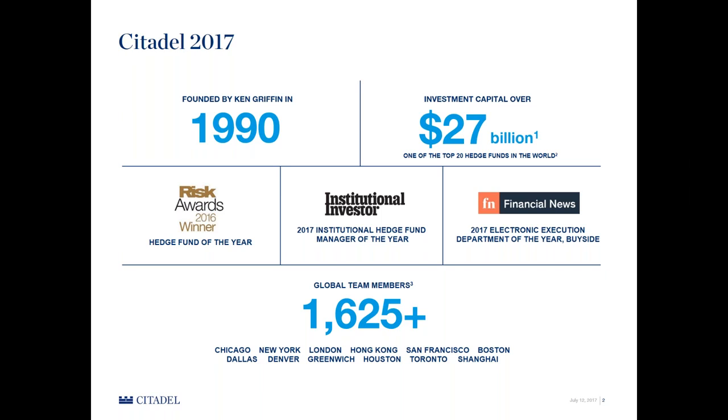So first of all, Citadel is 27 years old, founded in 1990 by Ken. The asset manager portion of the business currently has 27 billion under management. We have about 1,600 employees globally, spread around the world on many different continents. The thing that makes us particularly unique from the perspective of this conversation, though, is we're what's called a multi-strat fund, right?